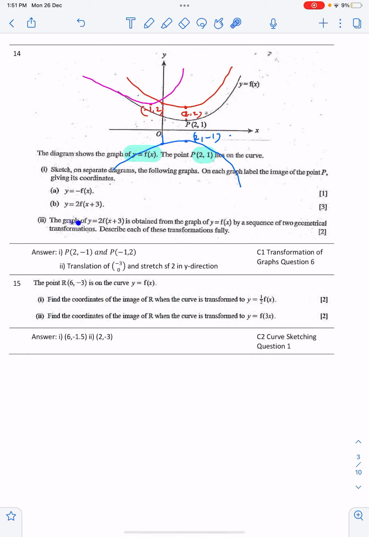Okay, then they are saying the graph of y = 2f(x + 3) is obtained from the graph of y = f(x) by a sequence of 2 geometrical transformations. Describe each of these transformations fully.